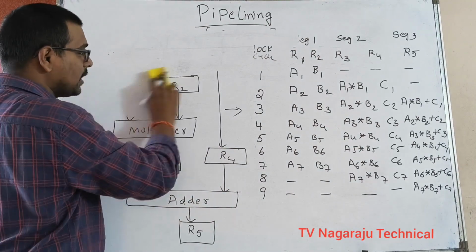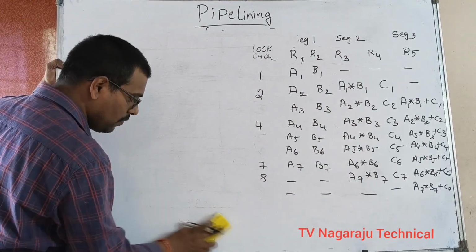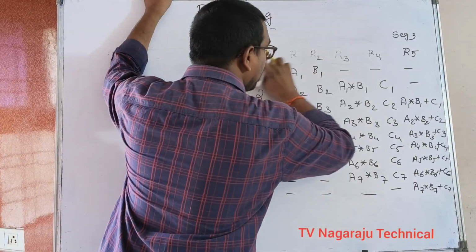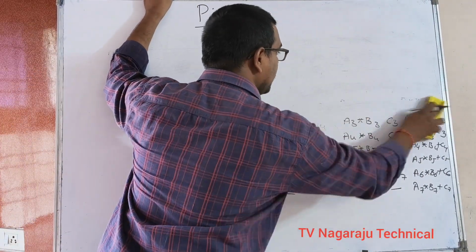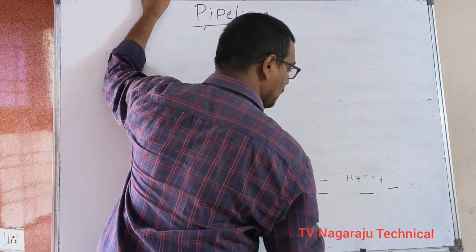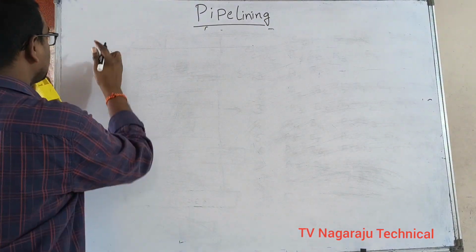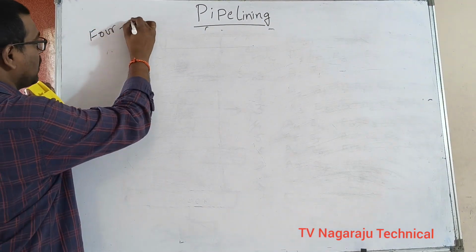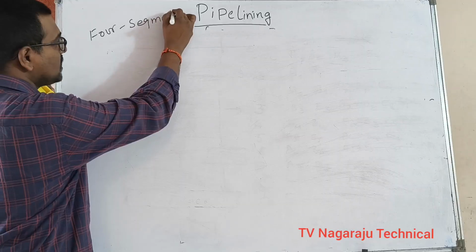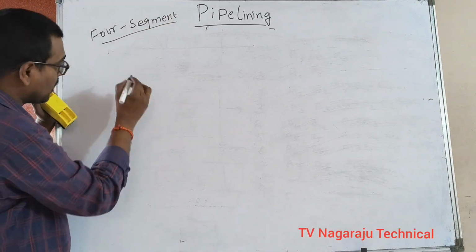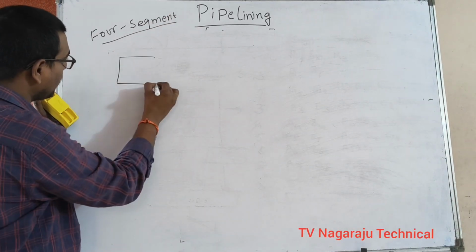Move to the general considerations of a 4-segment pipeline and how the tasks are executed in the 4-segment pipeline. Generally, the segments are represented like this.